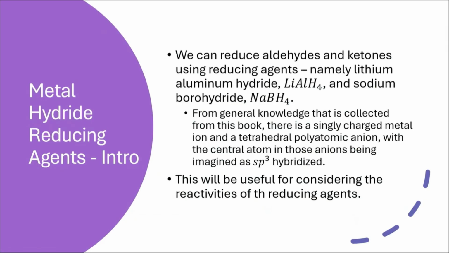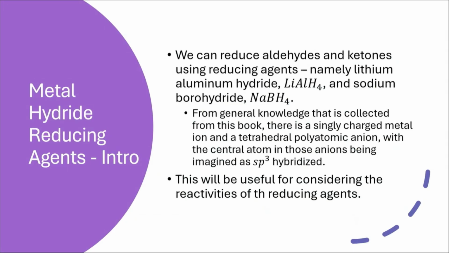I want to go over metal hydride reducing agents. We can reduce aldehydes and ketones with reducing agents, namely lithium aluminium hydride, LiAlH4, and sodium borohydride, NaBH4. From the general knowledge collected from this book, we can say that there's a singly charged metal ion, either Li+ or Na+, and we have these anions that are singly negatively charged.